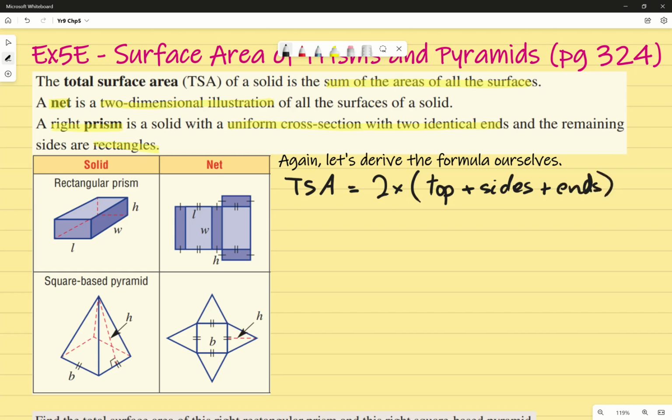So what I'm saying is it's going to be 2 times the top, which is just this area here, 2 times the sides, which is this area here, and then 2 times ends, which is this area here. Any qualms with that?